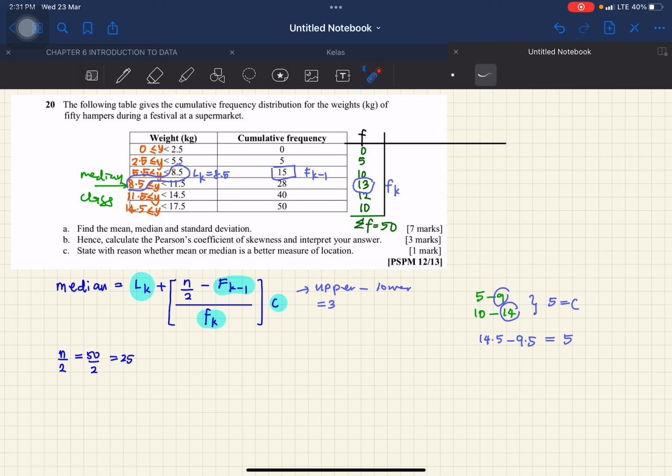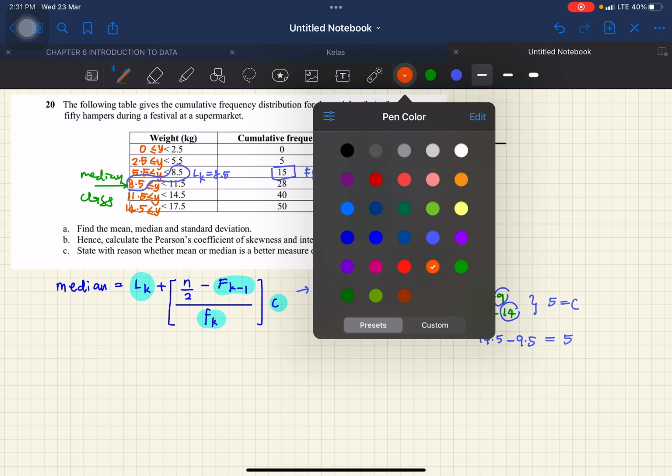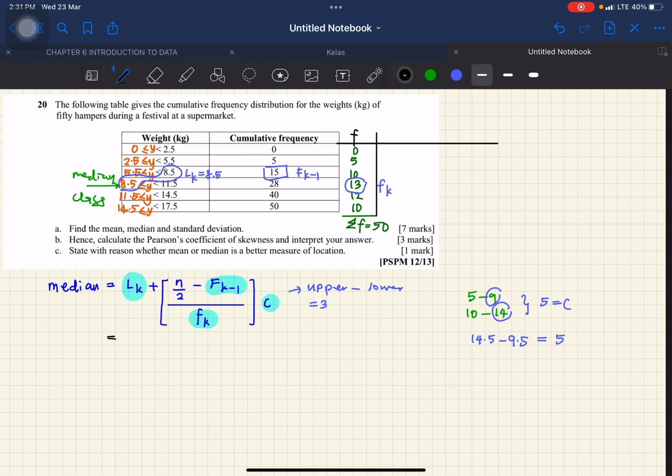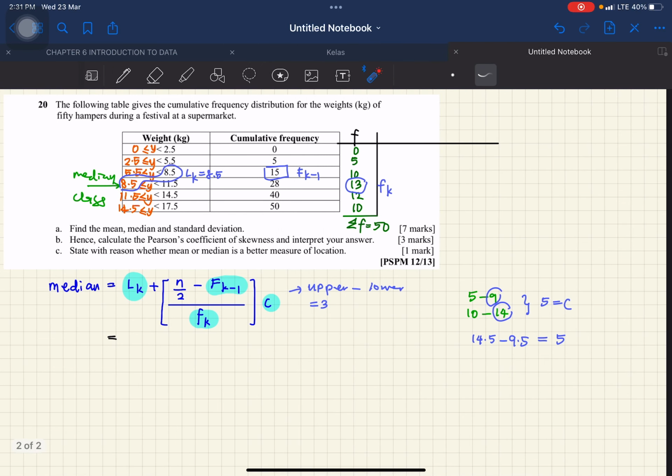Okay, so just masukkan sekarang ni dalam formula kita. Okay, so saya suka buat macam ni sebab saya boleh terus refer. So saya nak cari LK, saya dah tulis kat sini. So saya nak FK minus 1, saya dah tulis kat sini. So I want FK, I write it over here. Okay, so I can just transfer my information into my formula. Terus masukkan.